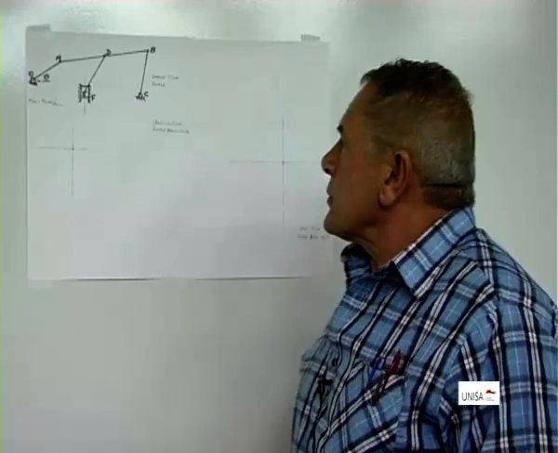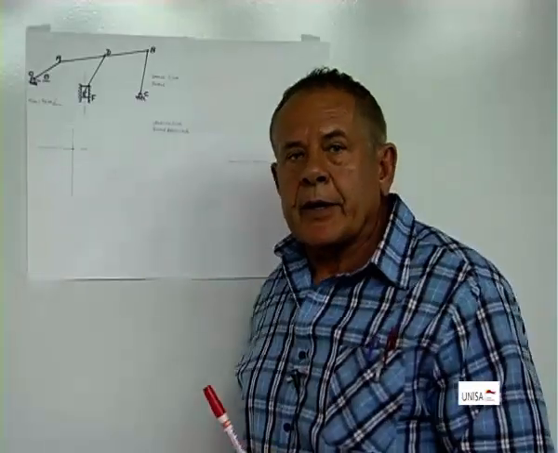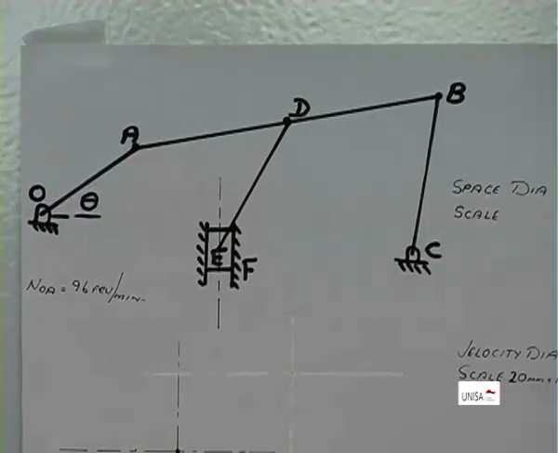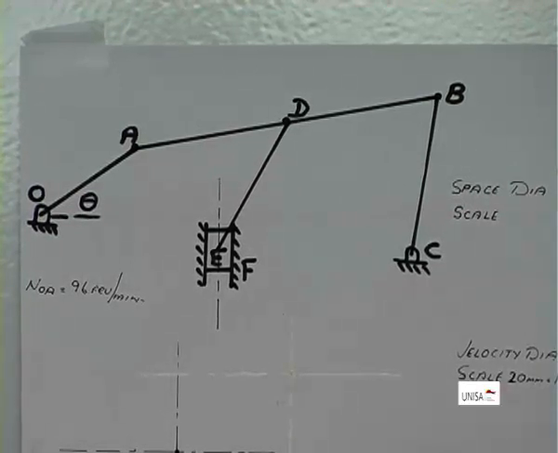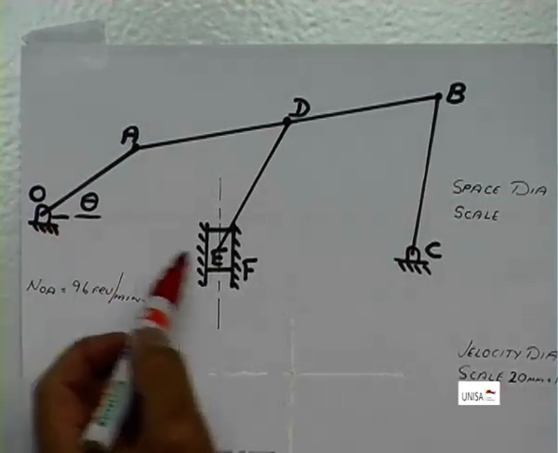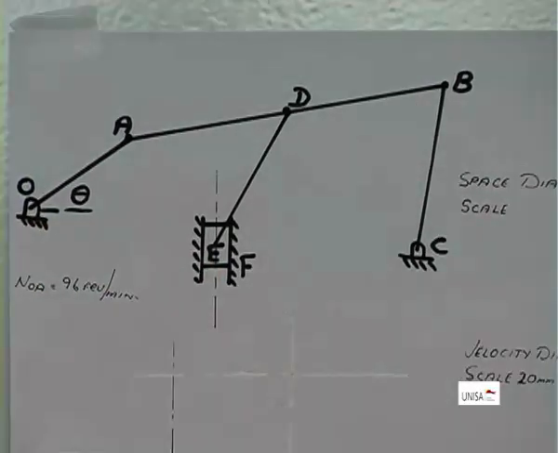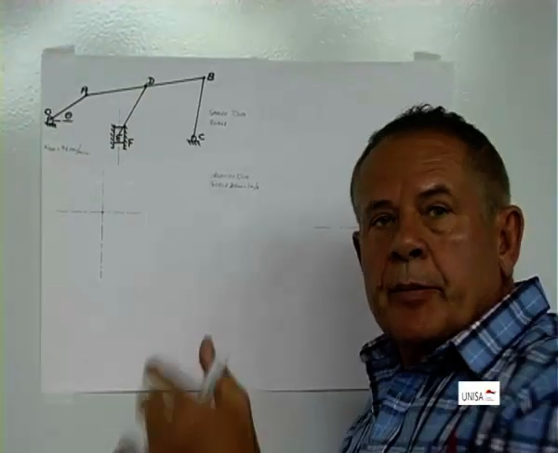If a link rotates about a fixed axis, then any point on that link has a linear velocity and an angular velocity. Let us start with this mechanism. First thing, we must see how many links are in your mechanism. We count the fixed link. As I mentioned, the block of that engine forms the base, so all the other links are connected to the base.